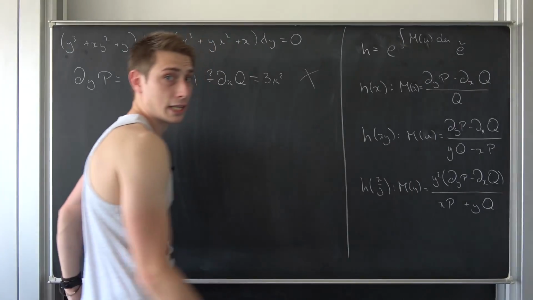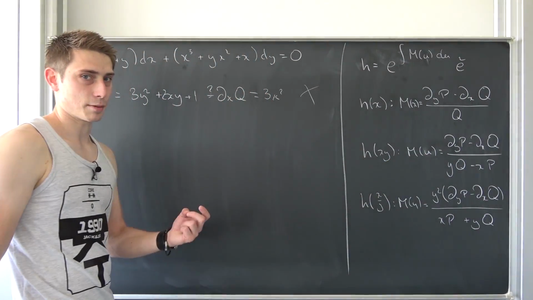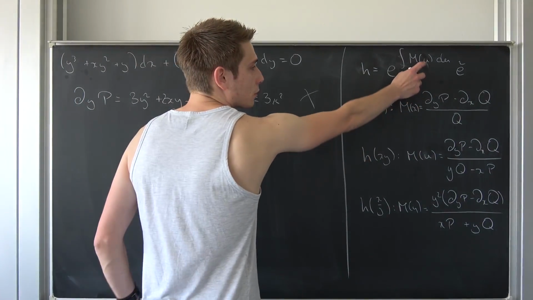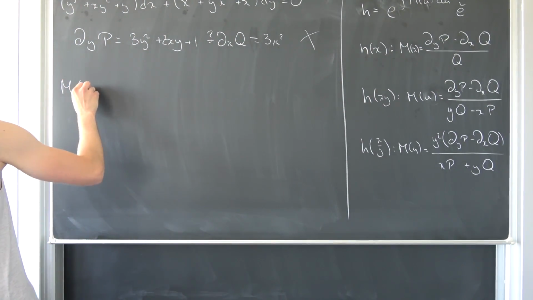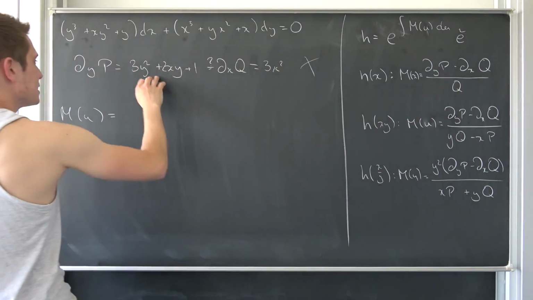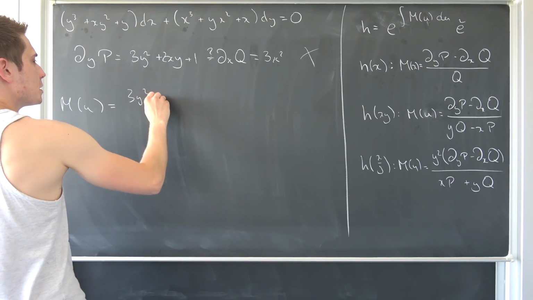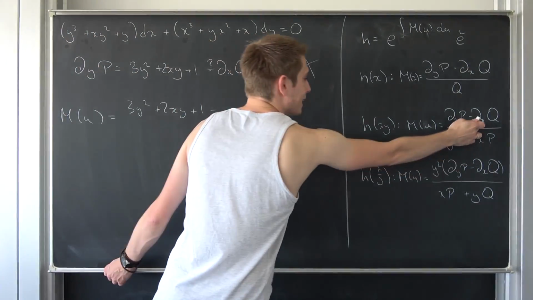Now let us calculate m of u. Okay, u in this case means x times y, and then we're going to see how this turns out. m of u is thus nothing but del y p. We know what this is: 3y squared plus 2 times xy plus 1, minus del x q.